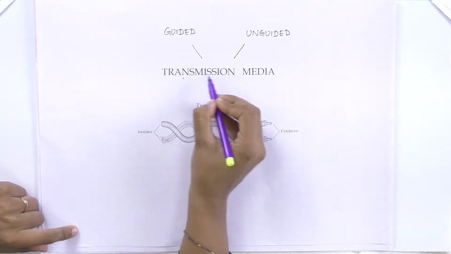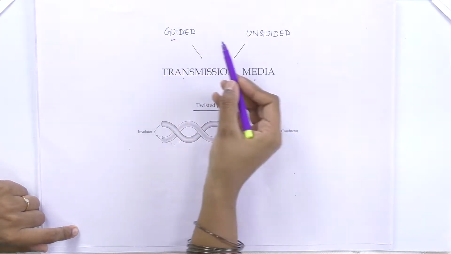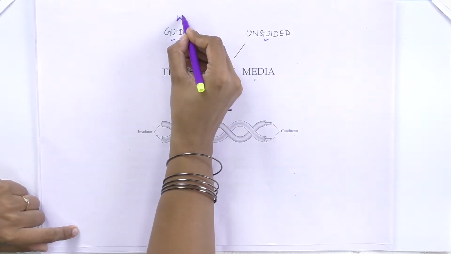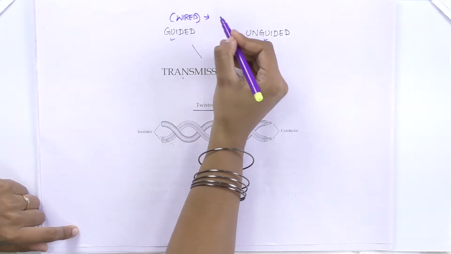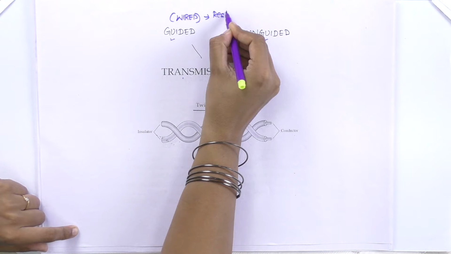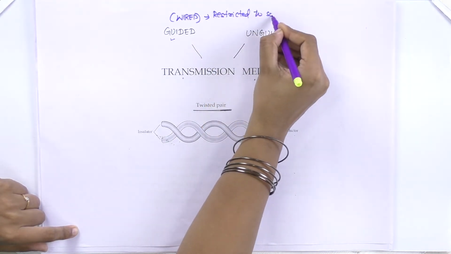The first one will be the guided transmission medium. Transmission media are categorized into two: guided and unguided. Guided means it is wired, so this wired medium is restricted to some physical limits.